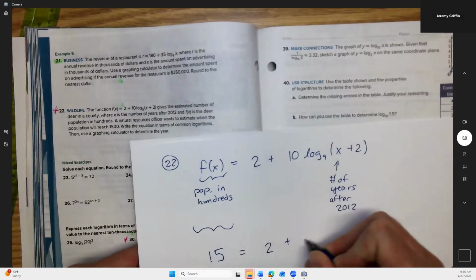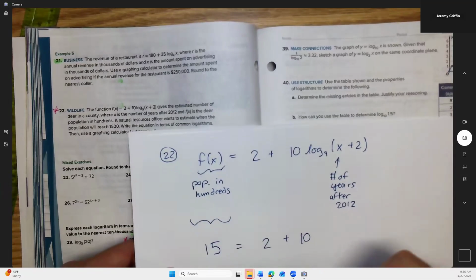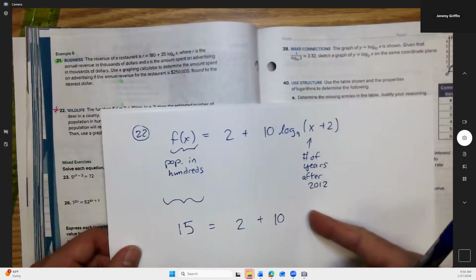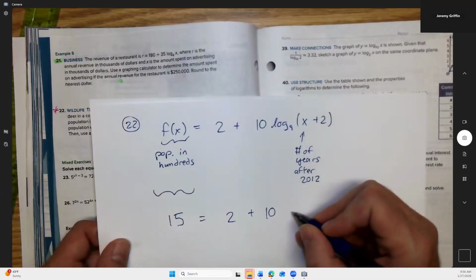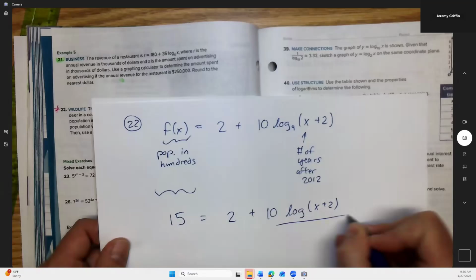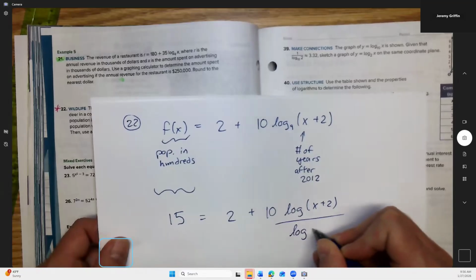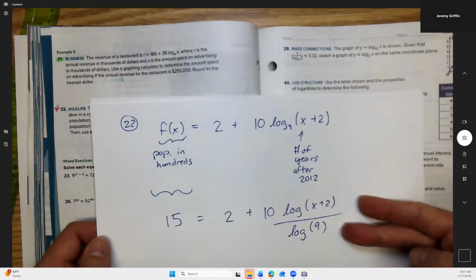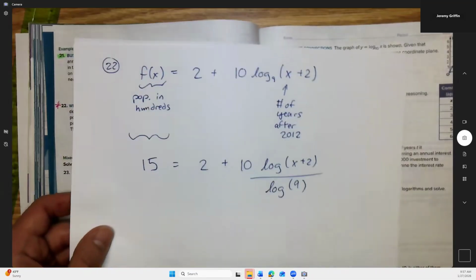2 plus 10. Guys, I got a weird base here. What can I probably just immediately do with that? Can I do log base 10 of x plus 2 divided by log base 10 of 9? Do a little change of base right there. You just did that a minute ago anyway.